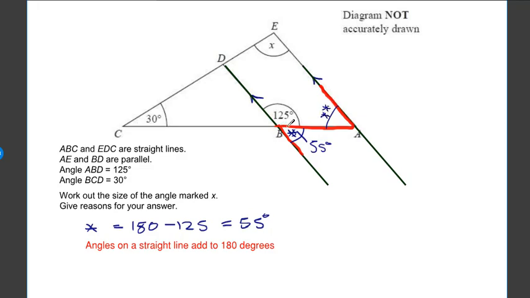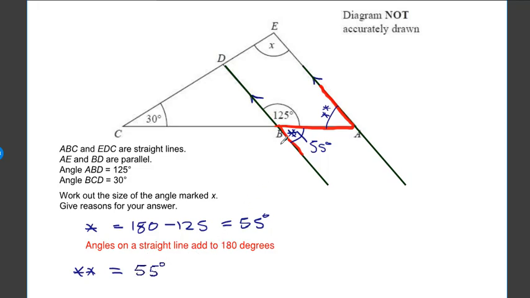Or you can call it angle BAE. I'm just going to call it star star. I don't care. You can call it BAE if you want. Well, we know that equals 55 degrees.